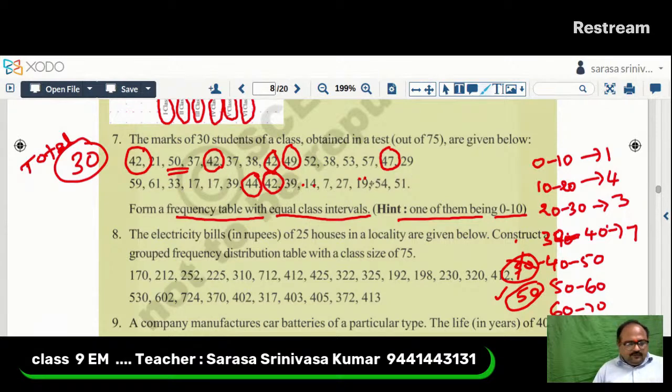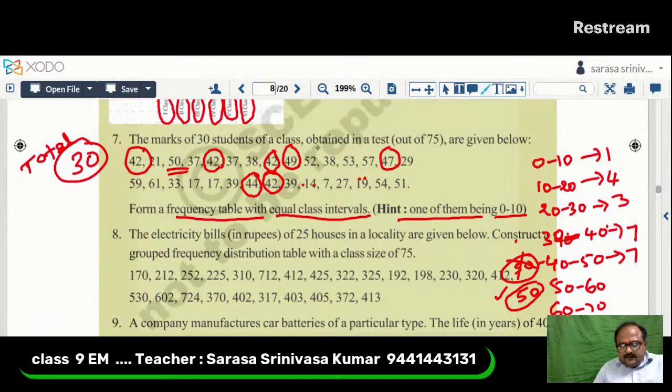Total how many students have got marks from 40 to 50? We observed total 7 students in this class interval. So we write the frequency of this class interval is 7.